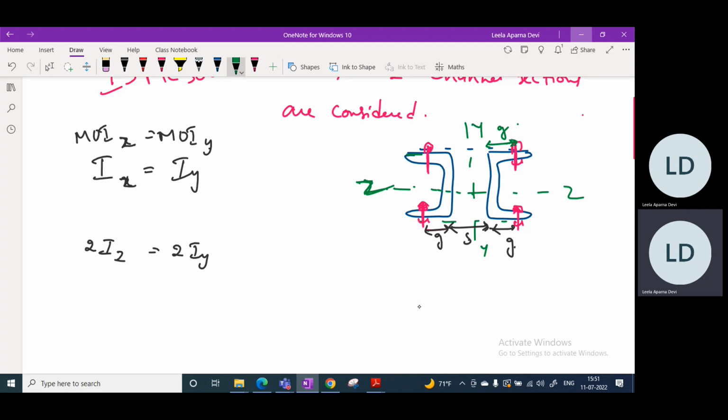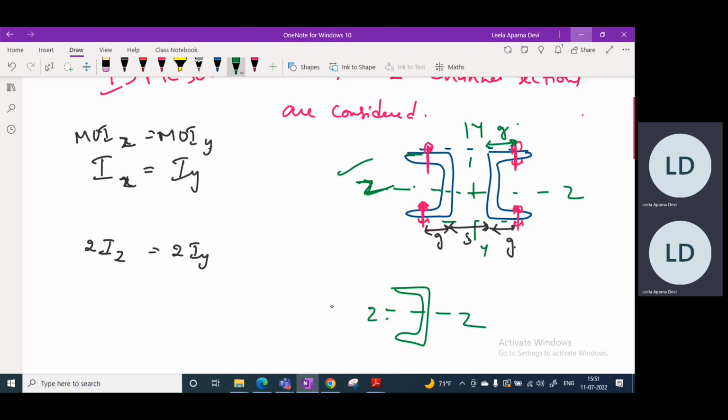So if you take this channel section, this ZZ axis and this ZZ axis, both are at the same level. So there will not be any parallel axis theorem applied. So IZ equals to only IZ you can take, that's fine.